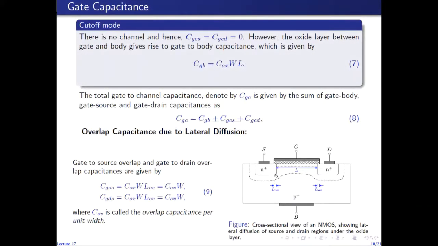LS denotes this dimension of the source region. So xj times LS is the area of the front face, and it is also the area of the back face. Similarly, xj times WS, the width of the source region, which is along the dimension perpendicular to the plane of this slide, gives us the area of this side of the source region.